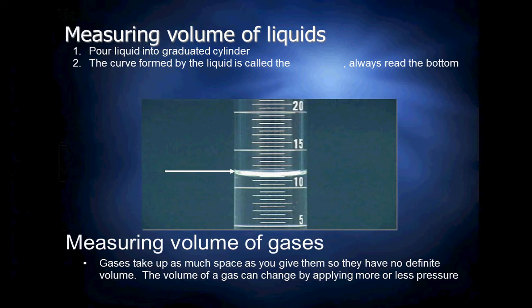All right, so we want to find the volume of a liquid. Basically, just pour the liquid we are interested in measuring into the graduated cylinder. Okay. And what you'll see is that it's going to form a curved surface. When you have water in a narrow tube, it forms a curved surface.